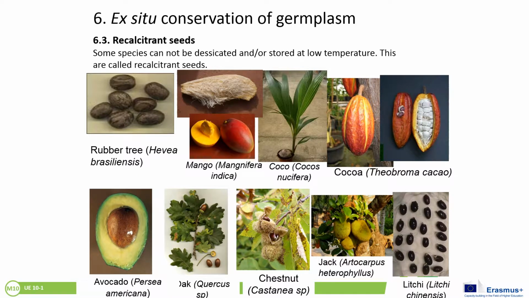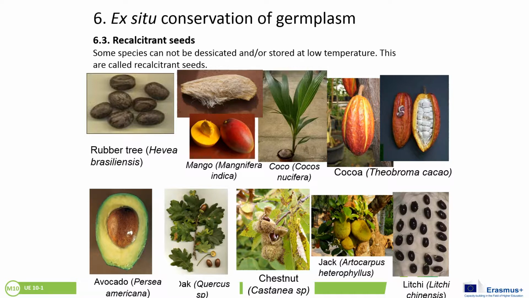As stated before, some species are recalcitrant and cannot be desiccated or stored at low temperatures. Here are some examples of recalcitrant species, such as rubber, mango, cocoa, avocado, oak, chestnut, jackfruit, or lychee.